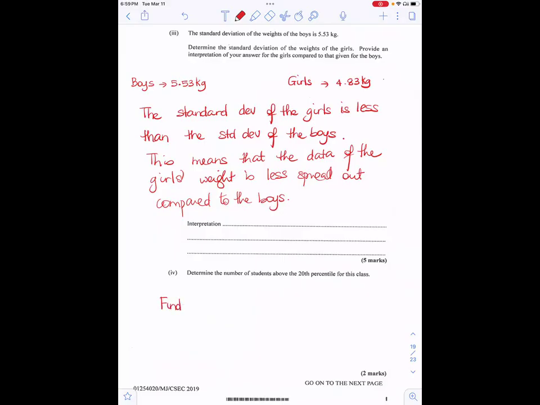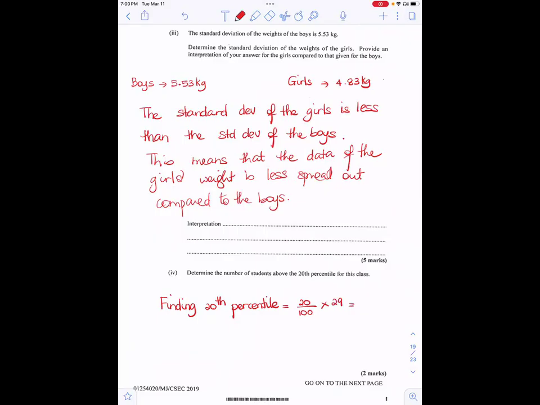Shazad, how are we going about finding the 20th percentile? I'm not too sure, but I found 1/5 of 29 and then subtracted it.